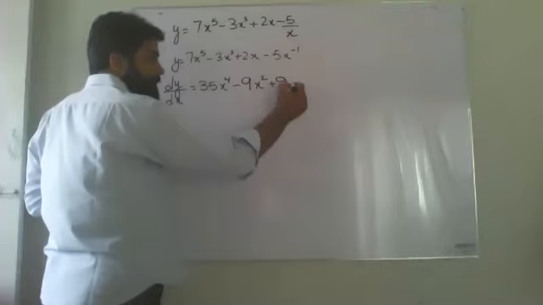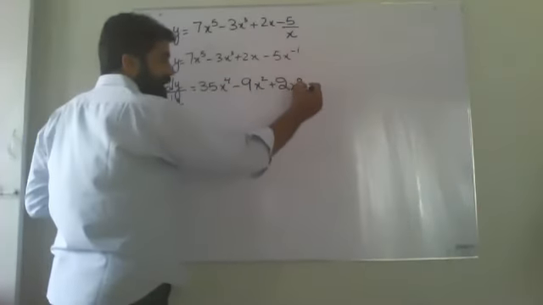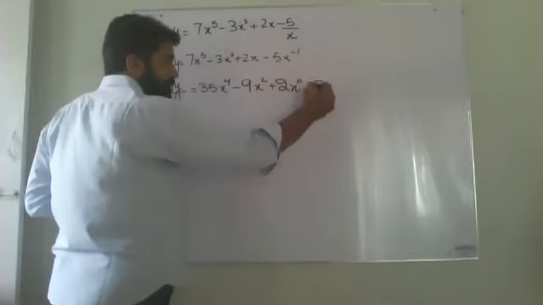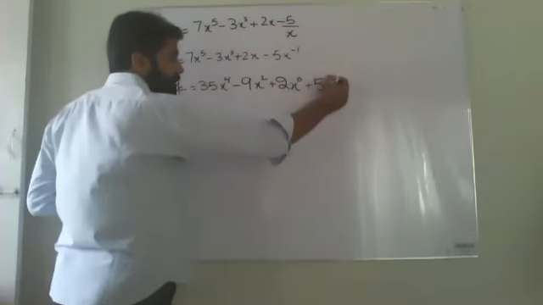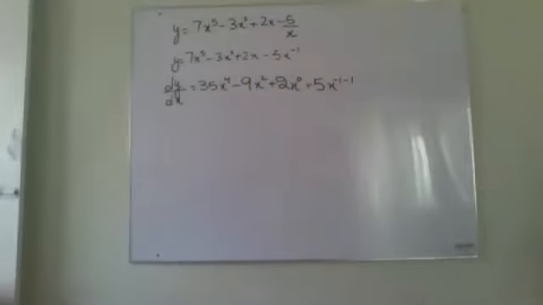This will become x to the power 0. Minus 1 multiplied by minus 5 will become plus 5. And this power reduced by 1 will be minus 1 minus 1. The last power on x will be minus 2.